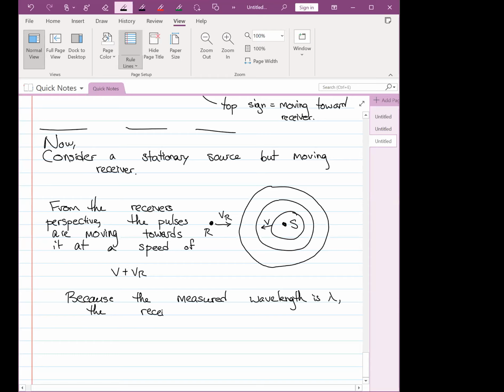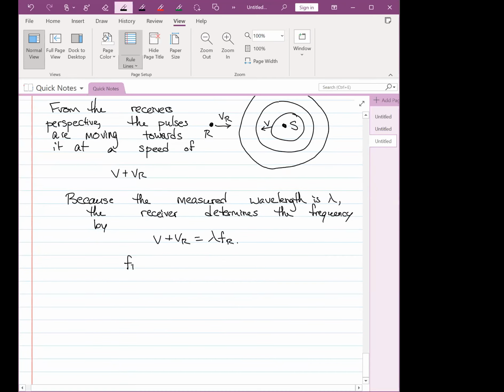The receiver determines the frequency by the wave speed that the receiver detects, which is v plus v sub r, and that should be equal to lambda times f sub r. It's the frequency that the receiver sees. And so the frequency that the receiver sees is v plus v sub r divided by lambda.